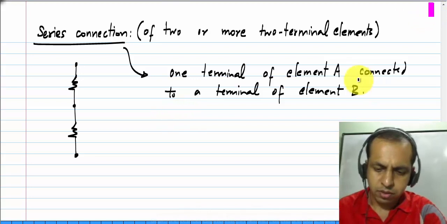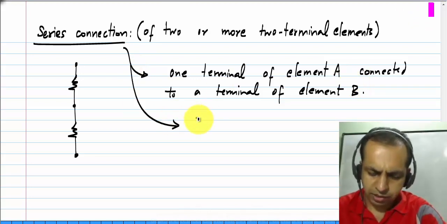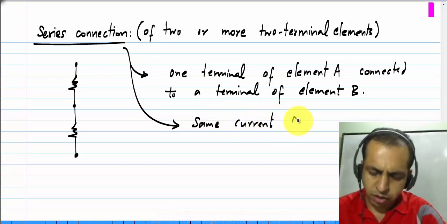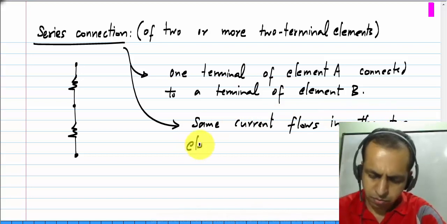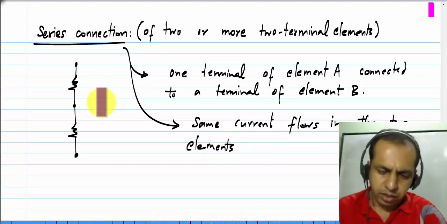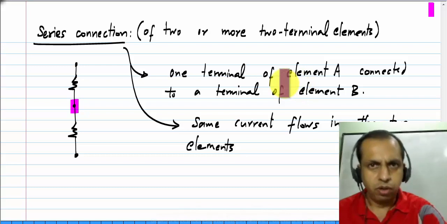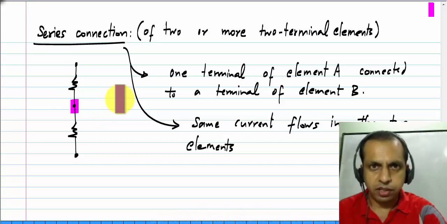Now, the important condition is that they should be connected such that the same current flows in the two elements, meaning there is a node which is common to the terminals of the first element and the second element, and nothing else is connected to this node.